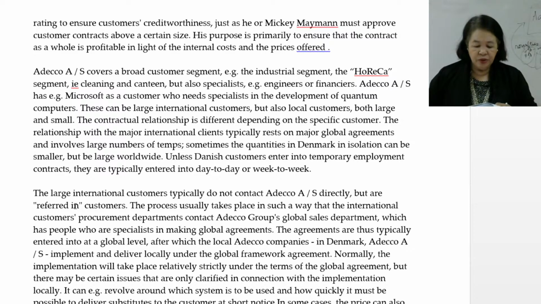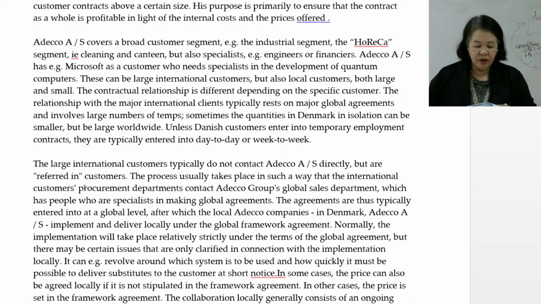Adecco covers a broad customer segment. No? This is the industrial segment, the Horeca segment, cleaning and canteen, but also specialists, no? Engineers or financiers. Adecco has Microsoft as a customer who needs specialists in the development of quantum computers.